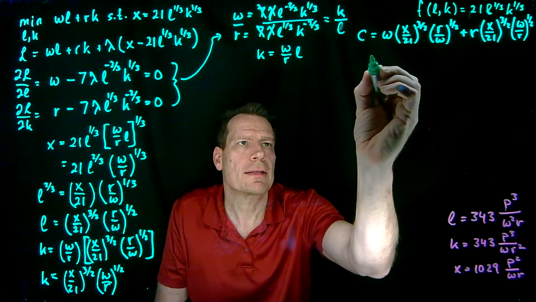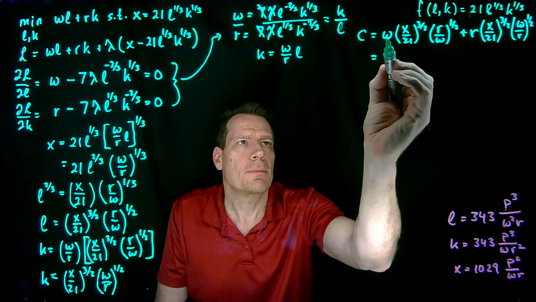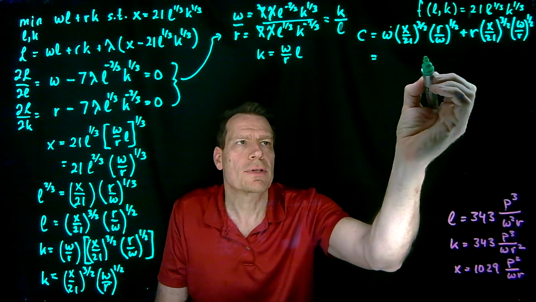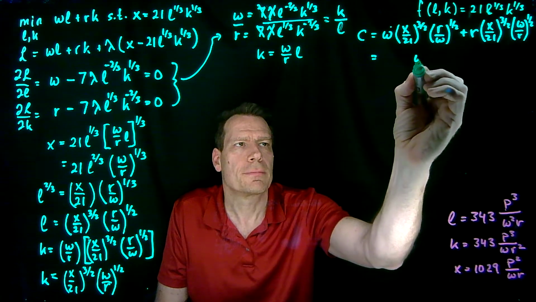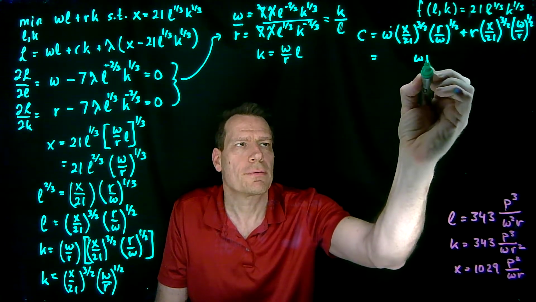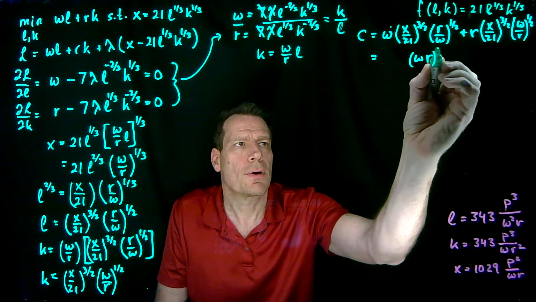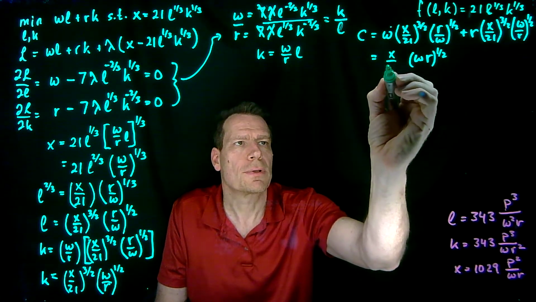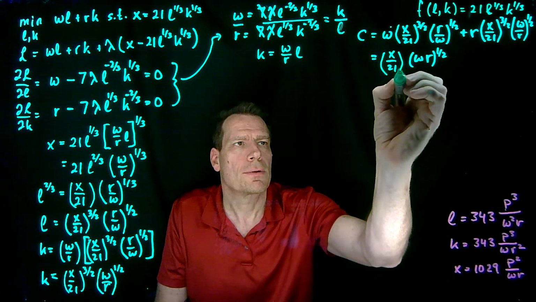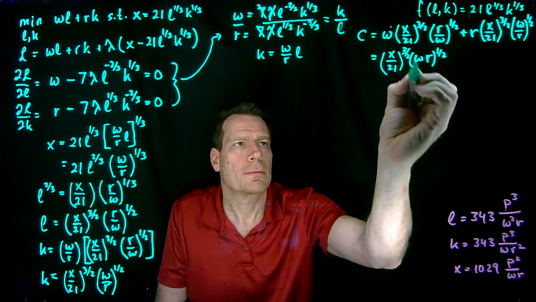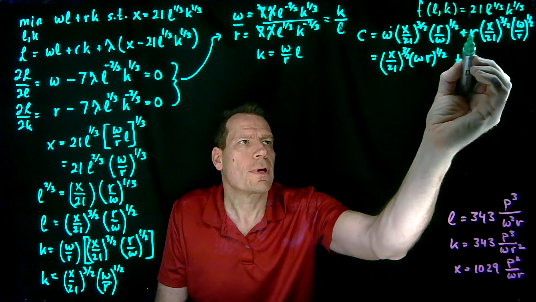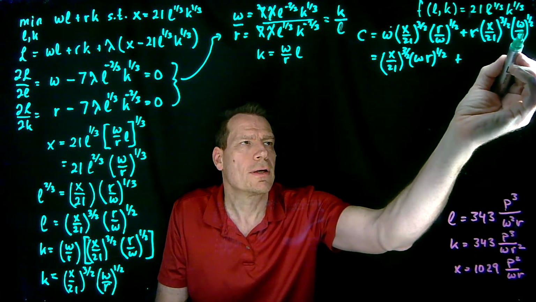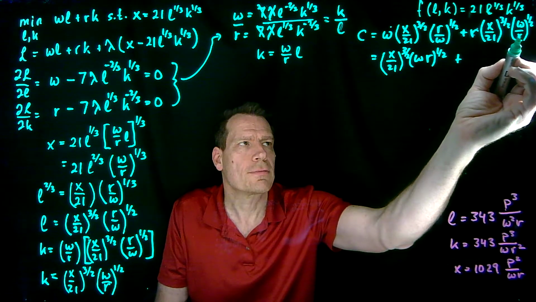We can simplify that. W to the 1 divided by W to the 1/2 will just give us a W to the 1/2. And we have an R to the 1/2, so we get WR to the 1/2. And we still have X over 21 to the 3/2. Here we have an R to the 1 divided by R to the 1/2, so that'll give us an R to the 1/2.